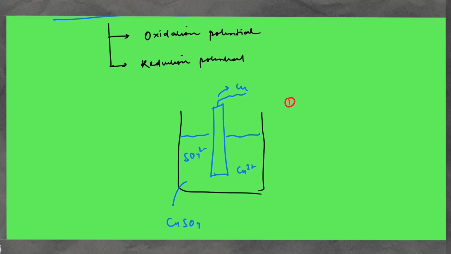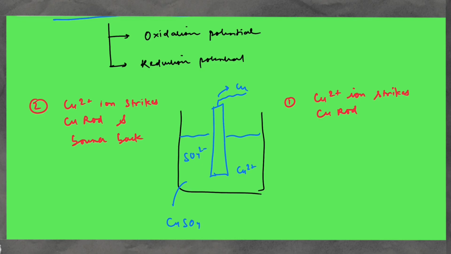First is copper 2 plus ion strikes the Cu rod. Second possibility is copper 2 plus ion strikes the Cu rod and bounces back.